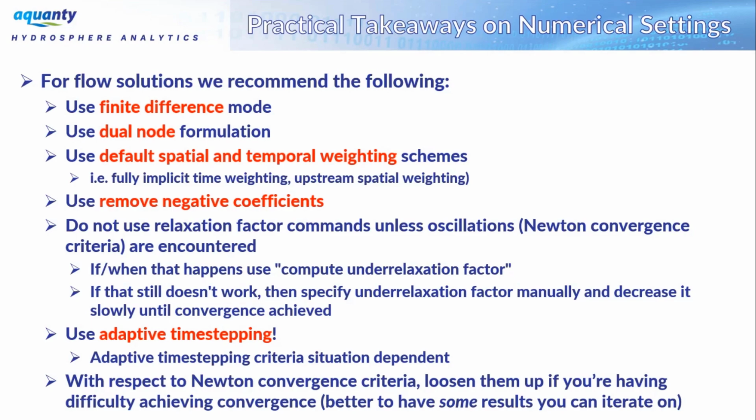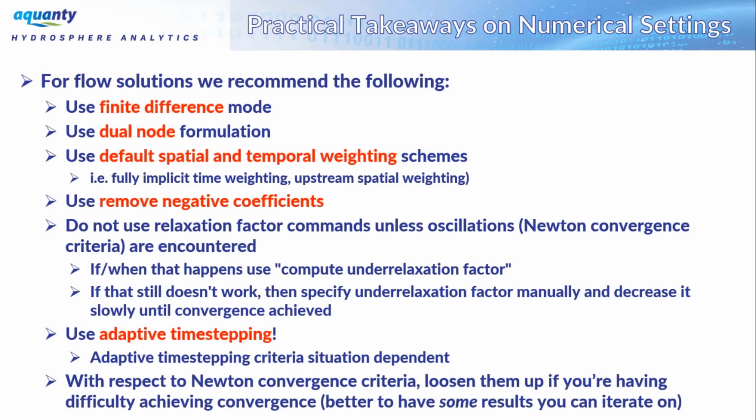So we don't recommend using a relaxation factor unless you observe oscillations in your Newton iterations. If you do, you can try using the command compute underrelaxation factor. If that still doesn't help, try specifying the underrelaxation factor manually and decrease it slowly until convergence is achieved.